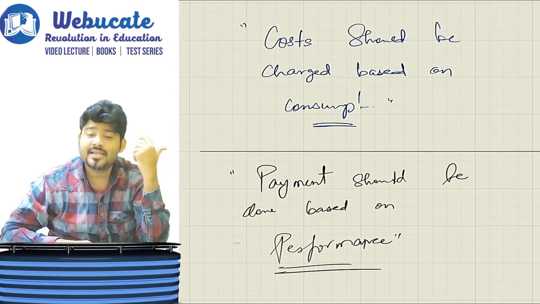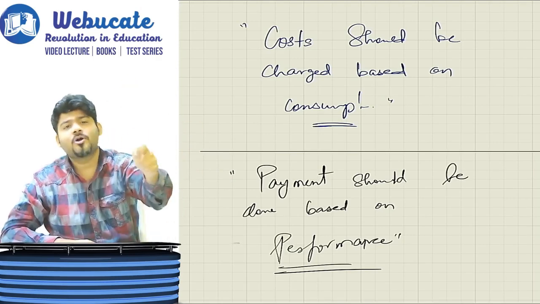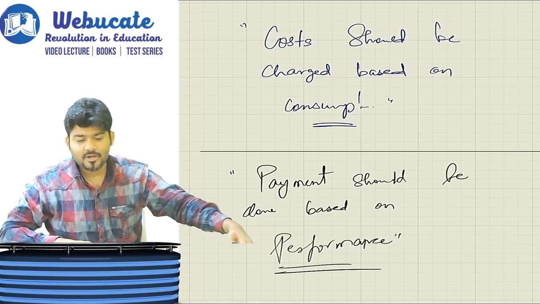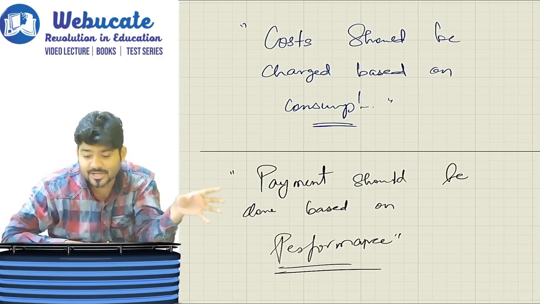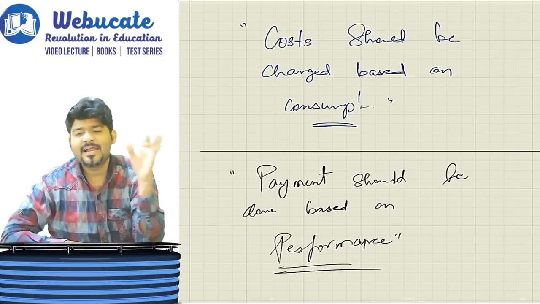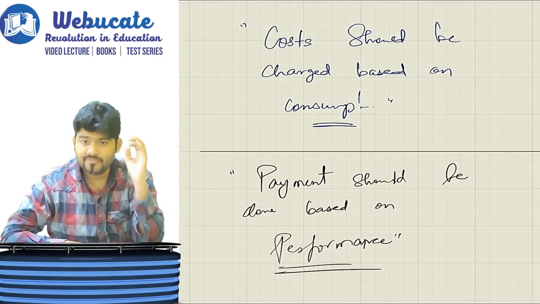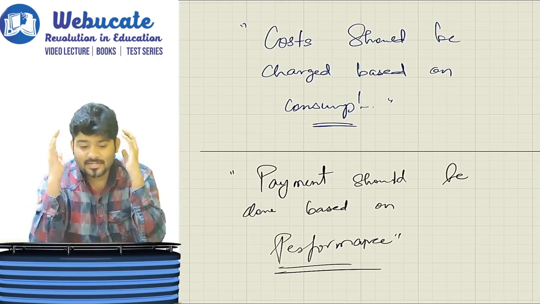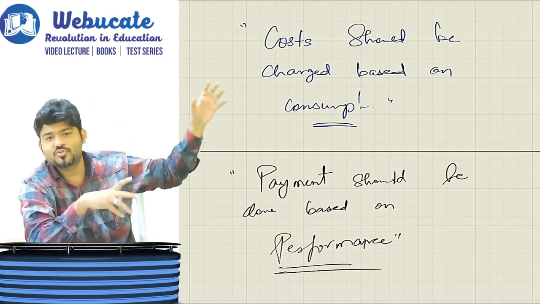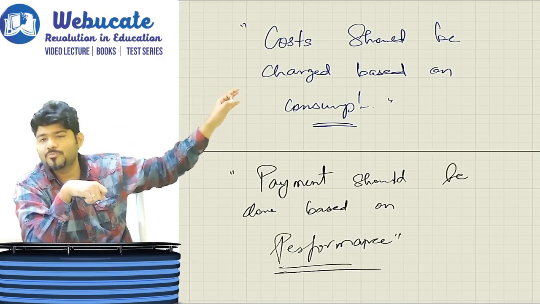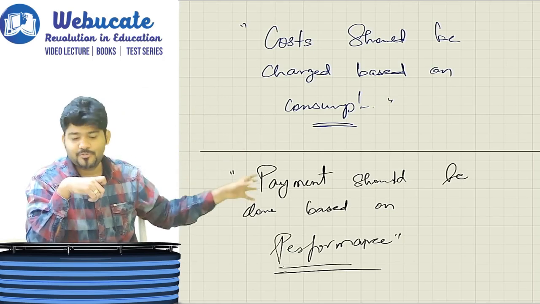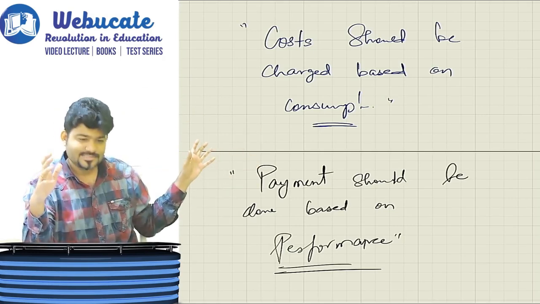Or if you are selling it at a higher price, then your competitor will take away your market. This is what happened with Subhiksha Retail. Finally, it had to be closed down for a simple reason, that it did not focus on these two aspects: cost should be based on consumption, payment should be based on performance.